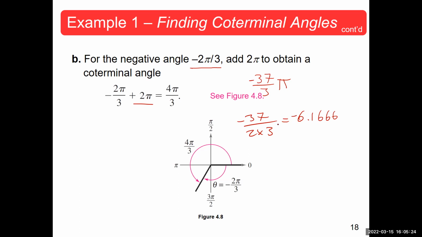What we're going to do here is round it up to the next higher level. Last time I used the fraction. This time I'm going to say 7, the next higher number, minus 6.1666. And if I multiply that by 2 pi, it will give me the coterminal angle.